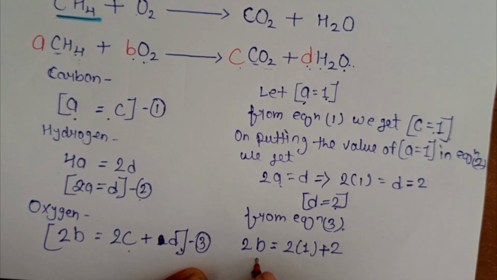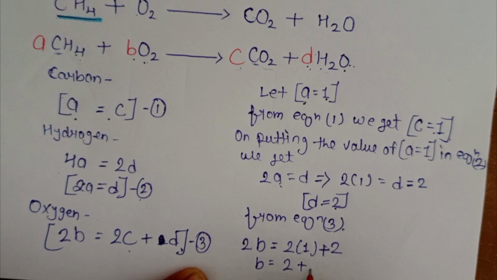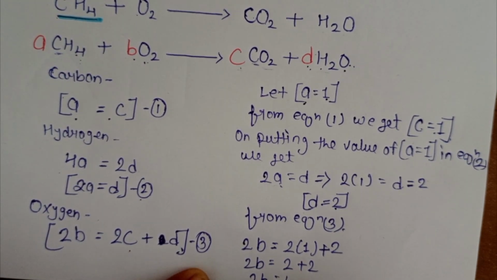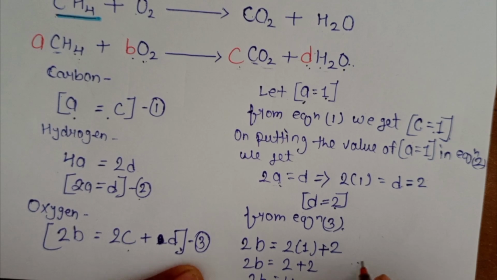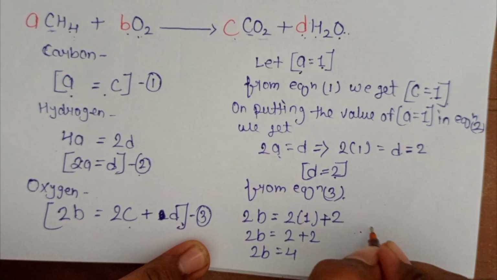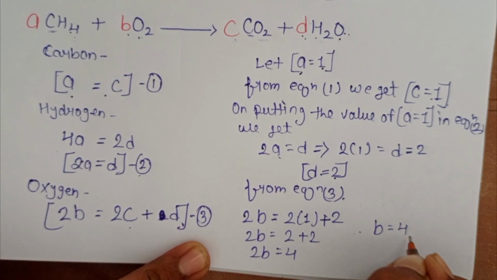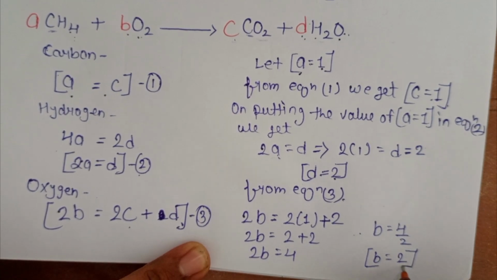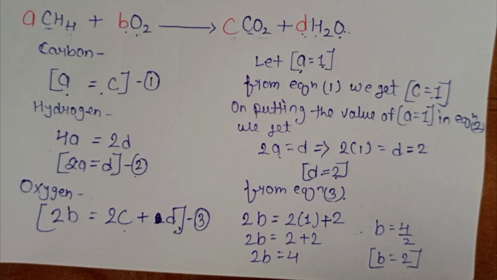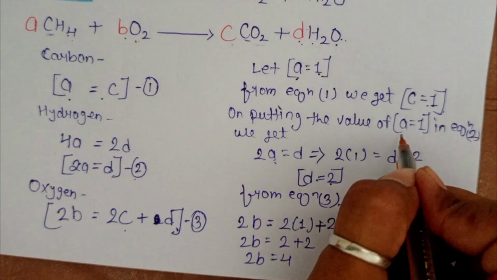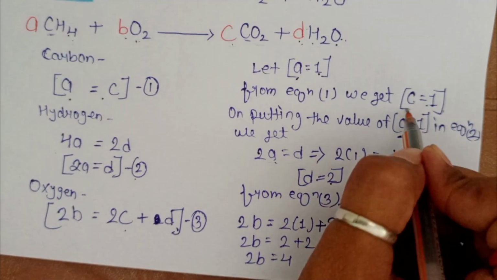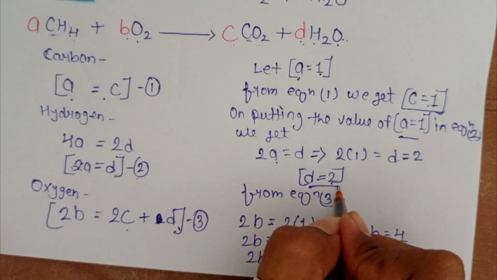On solving this, 2B is equals to 2 plus 2, 2B is equals to 4, and we will get B is equals to 4 by 2 and B is equals to 2. Now we have all the coefficients. A is equals to 1, B is equals to 2, C is equals to 1 and D is equals to 2.